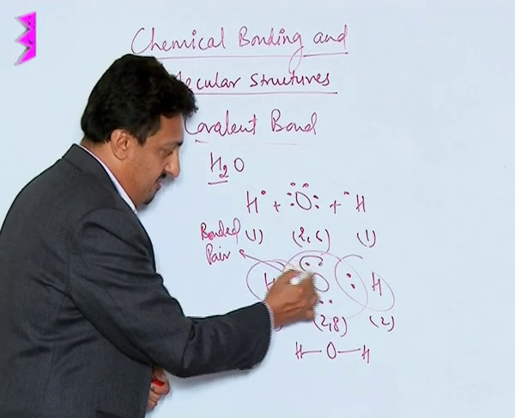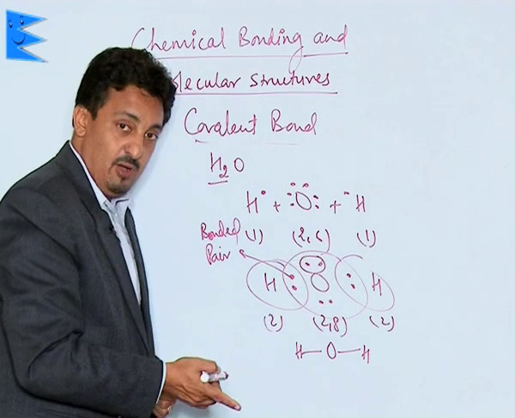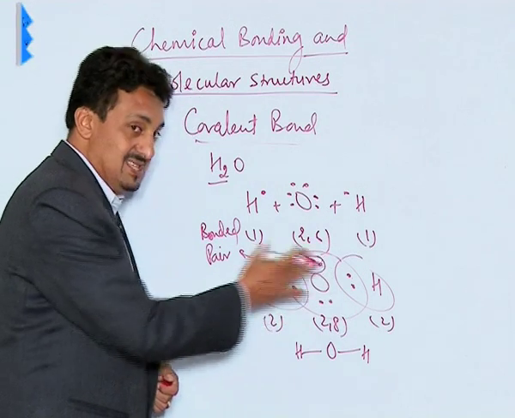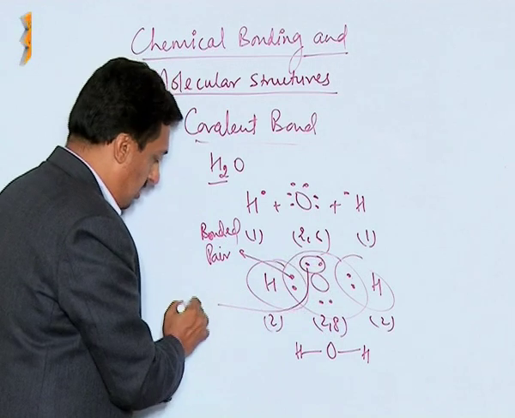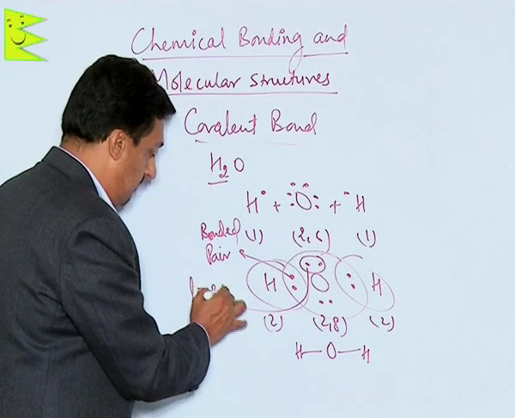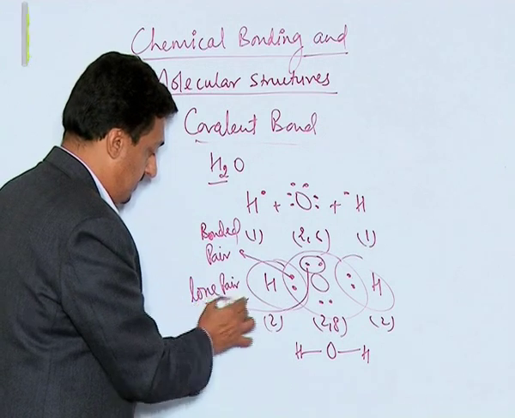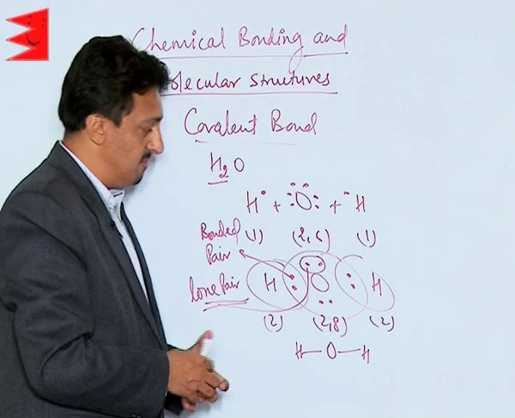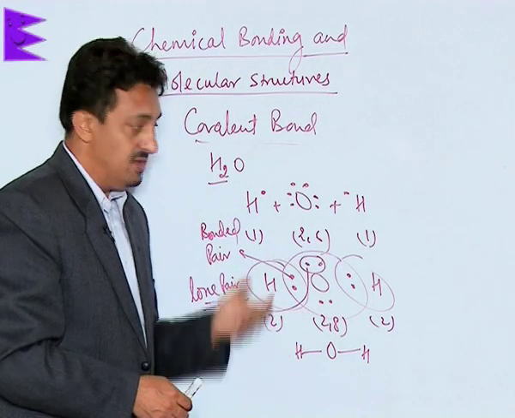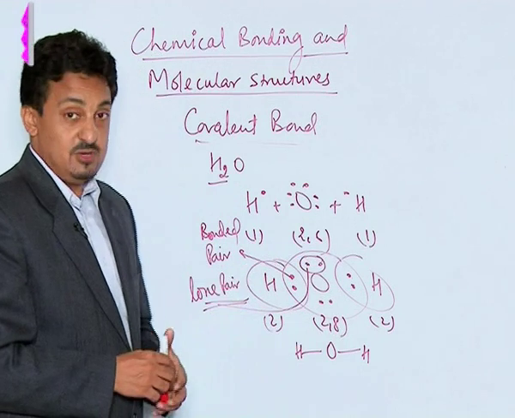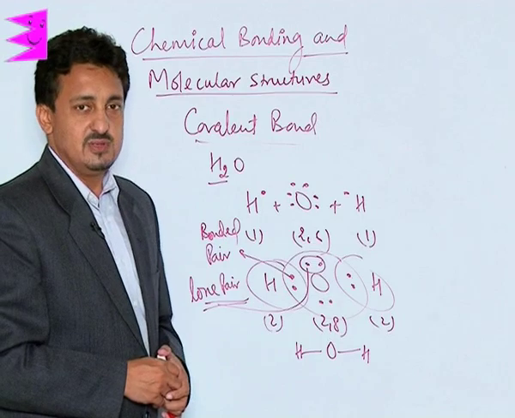And the pair which doesn't participate in the bond formation and is present as such on the central atom or on the other atom is called a lone pair. These are the usual terms which we use. So in water, oxygen has 2 lone pairs and 2 bonded pairs. So this is how we can explain the formation of different molecules.